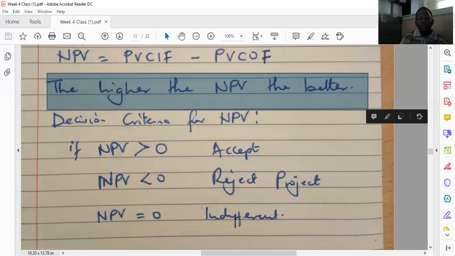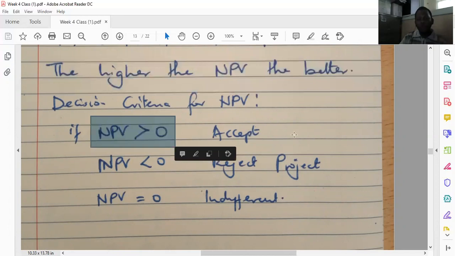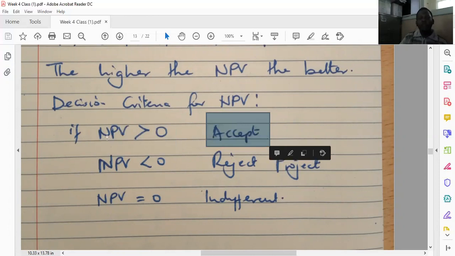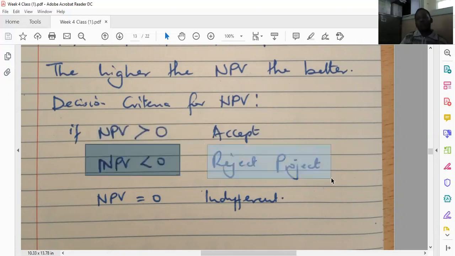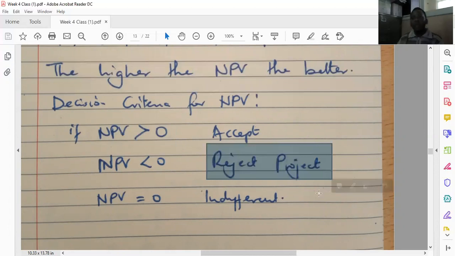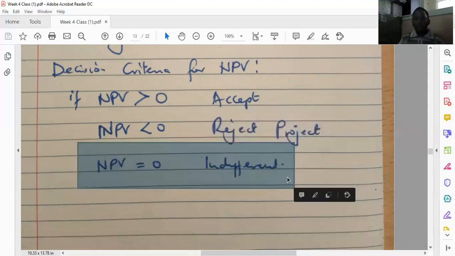The decision criteria go further and say that for a single project, we accept the project if the NPV is greater than 0. If the NPV is less than 0, we reject the project. We do not invest in the project. And when the NPV is equal to 0, we're indifferent.